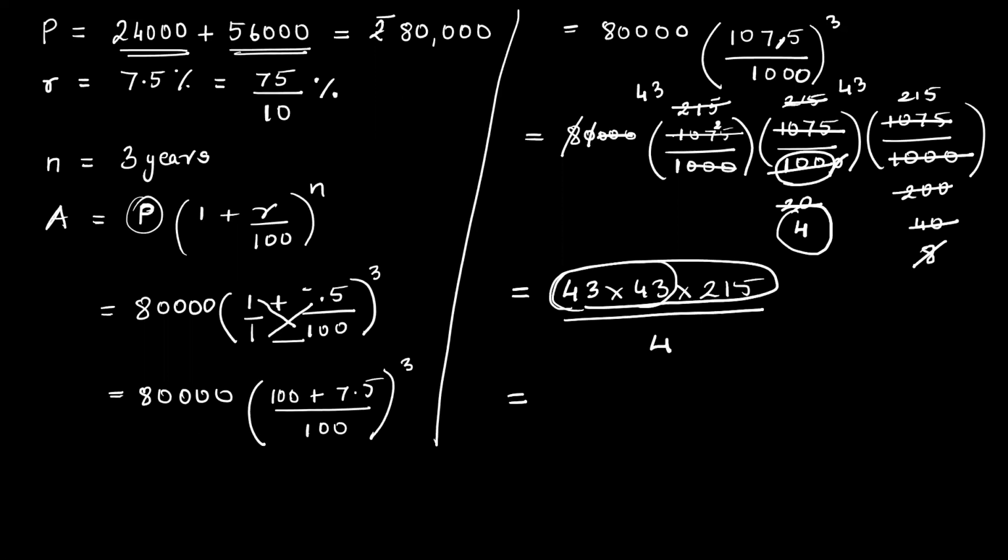Daniel, rather than asking the question, why don't you try and cancel yourself? Sir, 1849. Wait 1 second. Yes, correct. 1849 into 215.